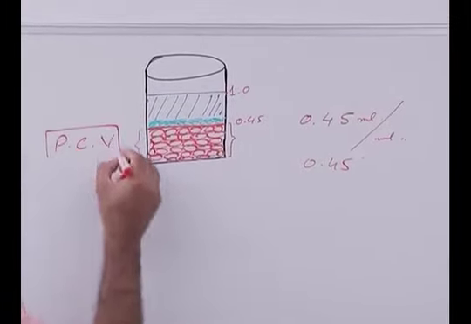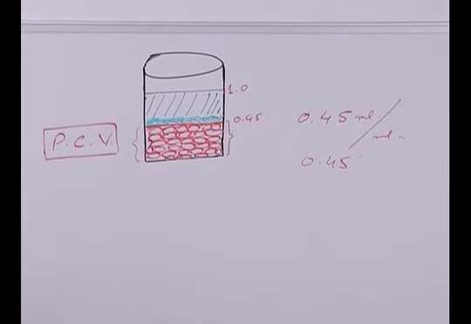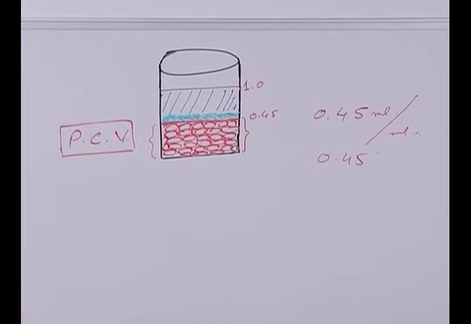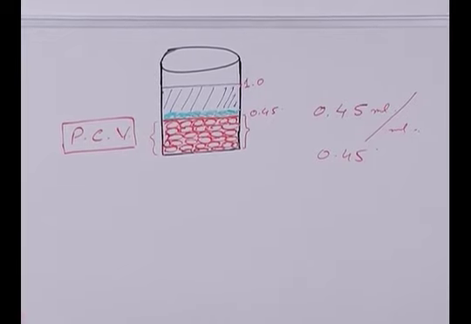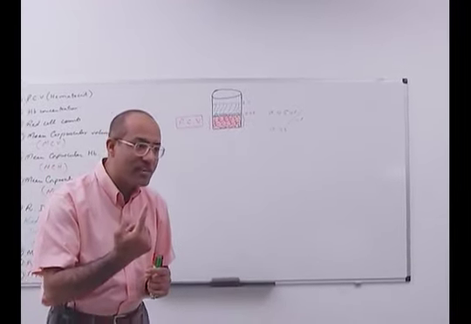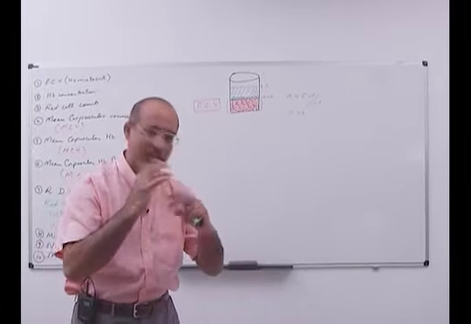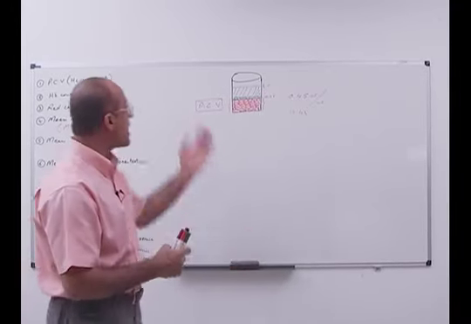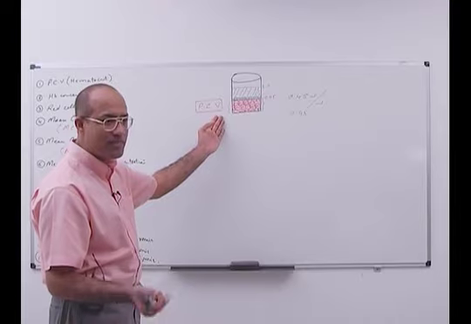What is this? Packed cell volume. Next time, when someone says PCV, packed cell volume, he is talking about the volume in the blood occupied by the red blood cells when red blood cells are packed together. Is it difficult? It's so easy.